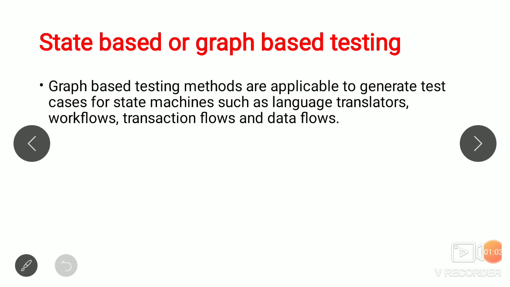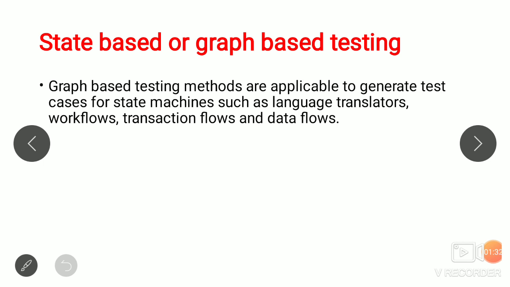And workflow, here workflow modeling, where depending on the current state and appropriate combinations of input variables, specific workflows are carried out, resulting in new output and new state. Here data flow modeling, where the system is modeled as a set of data flows leading from one state to another. This is all about state based or graph based testing.